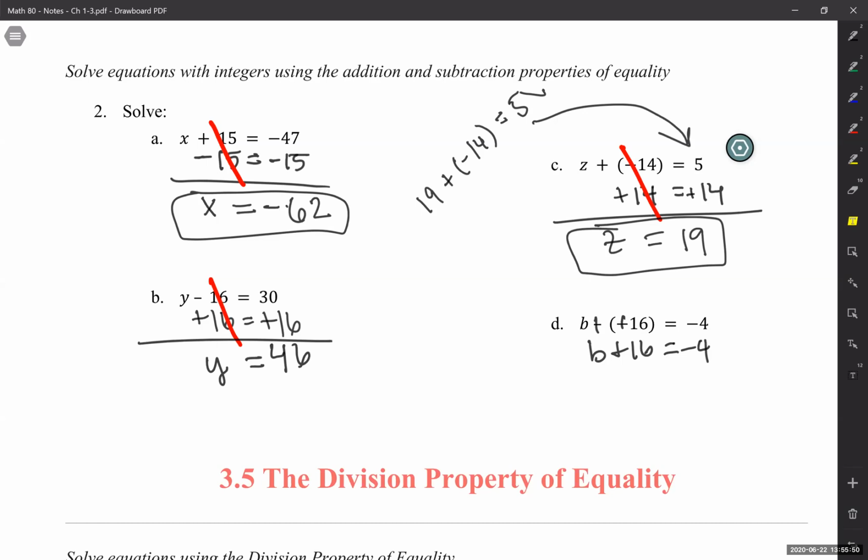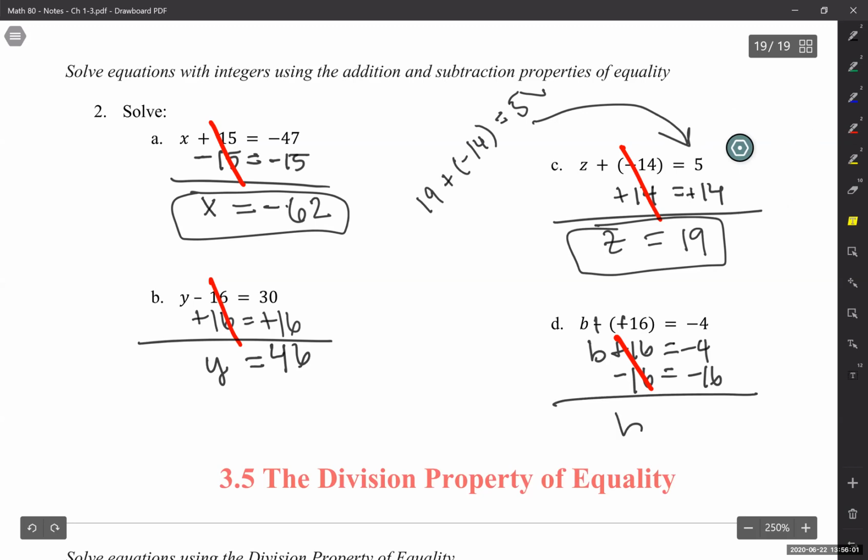So now that I have a plus 16, I'm going to do a minus 16 on both sides, which will allow me to cancel out that 0 pair. And now I have negative 4 plus negative 16. That is an equal sign, just sloppy. And I get negative 20 for that final answer. Let's get the box around there.